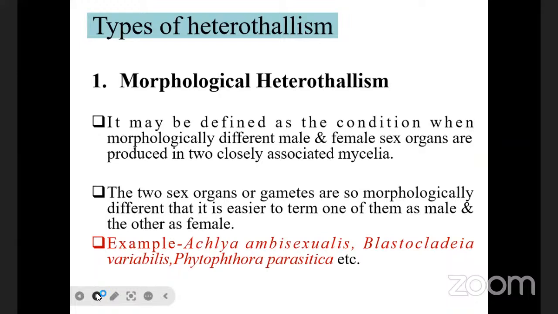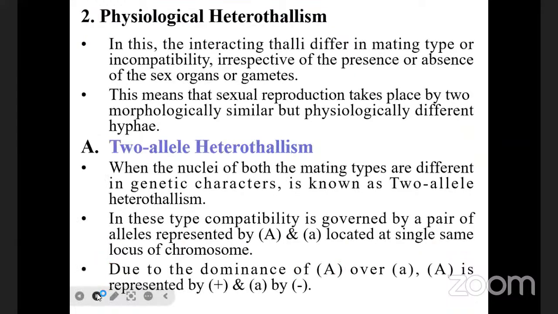Only if it is morphologically different do we call it morphological heterothallism. Examples are Achlya ambisexualis, Blastocladia and Phytophthora. The majority of heterothallism is physiological, functional heterothallism, not structural.